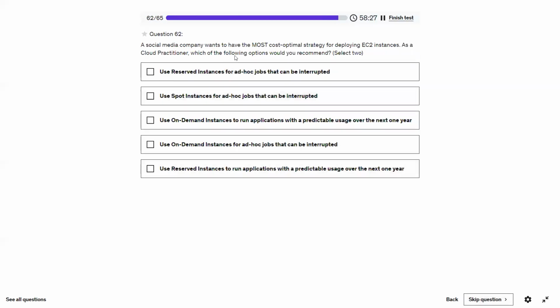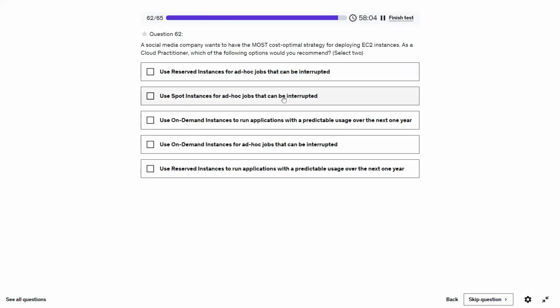A social media company wants to have the most cost optimal strategy for deploying EC2 instances. As a cloud practitioner, which option do you recommend? Use reserved instances for batch jobs that can be interrupted, wrong. For interruption, we can use spot instances.